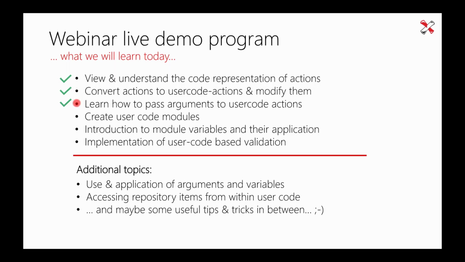You already saw how to pass arguments to user code actions. Now we will do the interesting part, because I would like to show you how to create real user code modules. So not just converting one action into user code, but really creating our own user code modules. This is what I'm going to show you next.